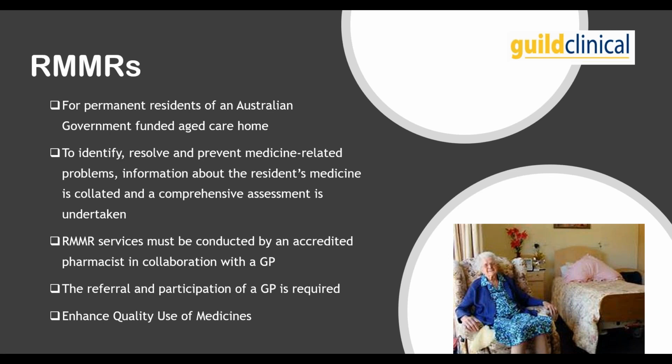While anyone can identify the resident for RMMR, the referral is started by the GP for permanent residents. The aim of each review is to identify, resolve and prevent medicine-related problems. This is done by collating information about the resident's medicine and completing a comprehensive review. Obviously, the outcome is hoped to enhance their quality use of medicines and provide optimal benefit for the resident.